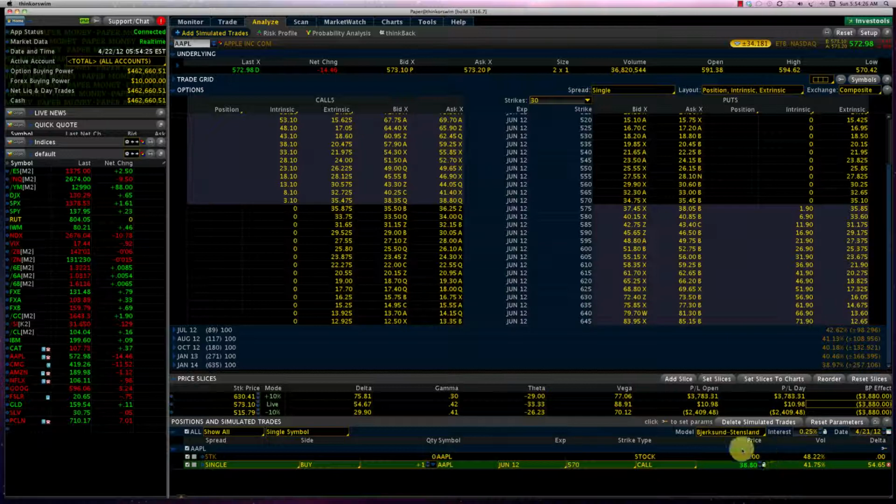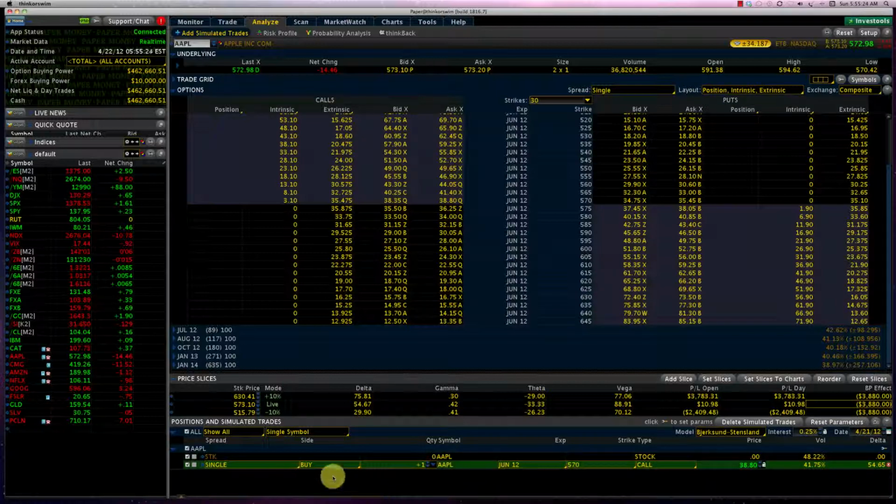We can control 100 shares with $3,880, whereas if you were to buy the Apple stock, it would cost you about $57,300. This is generally going to be the case with all options. When you compare it to stocks, you'll notice that the option is going to use much less capital, and that's where the leverage component comes in.